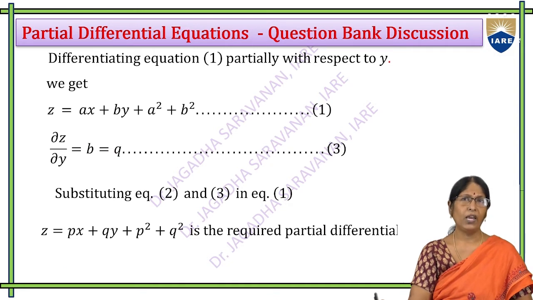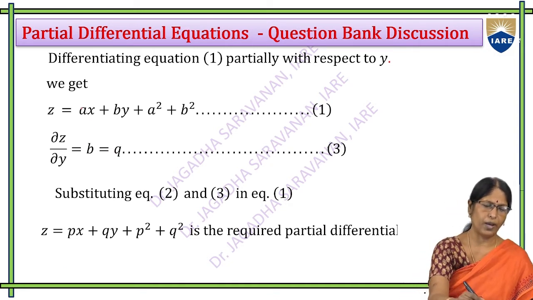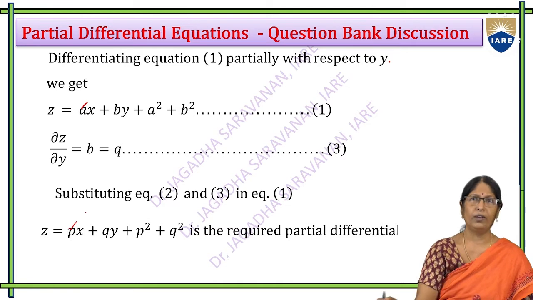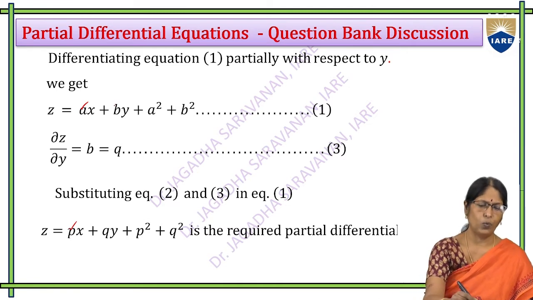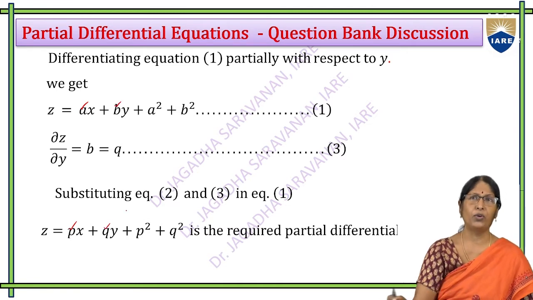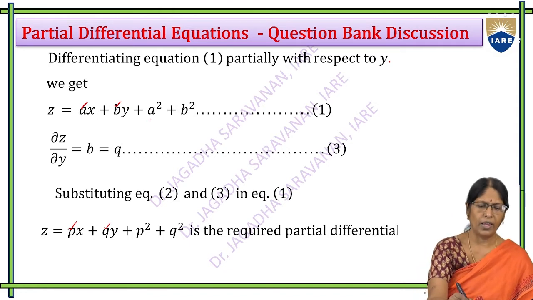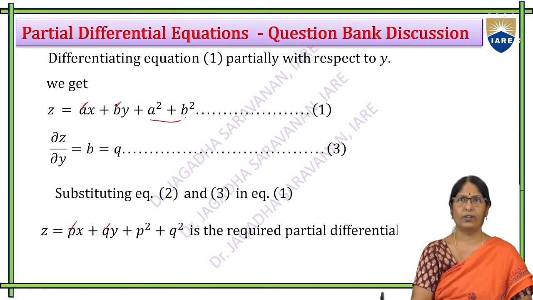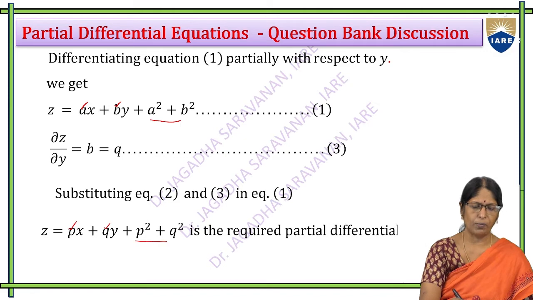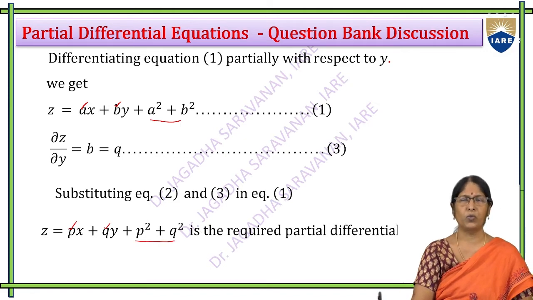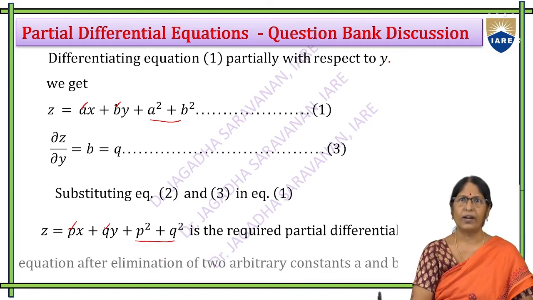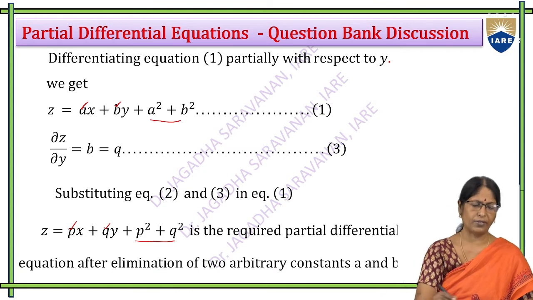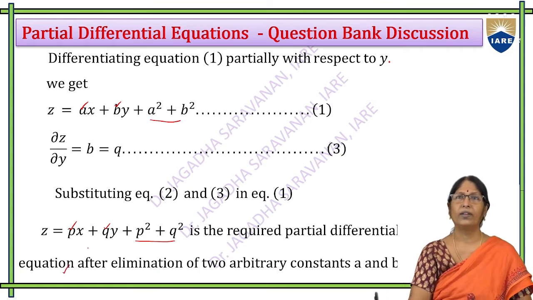So a is replaced by p and b is replaced by q. Here a square plus b square is replaced by p square plus q square. This is the required partial differential equation after elimination of the arbitrary constants a and b.